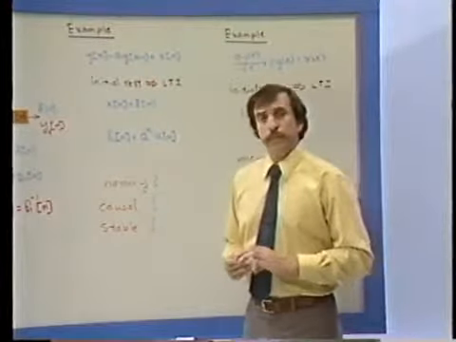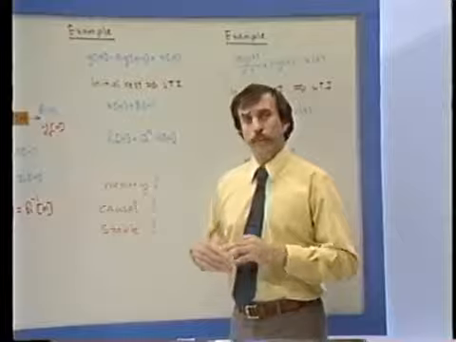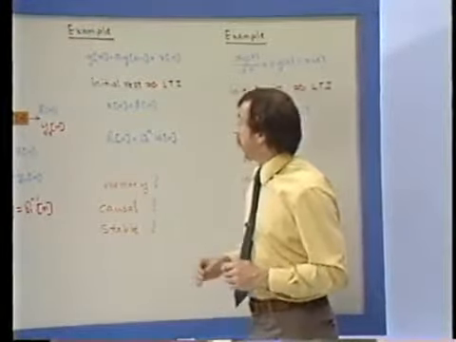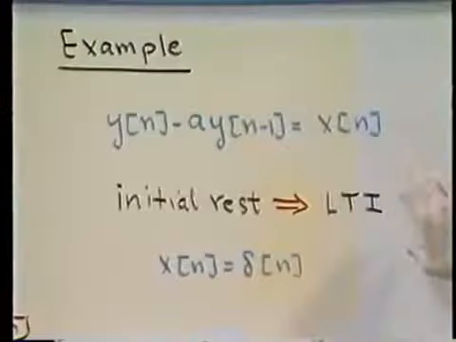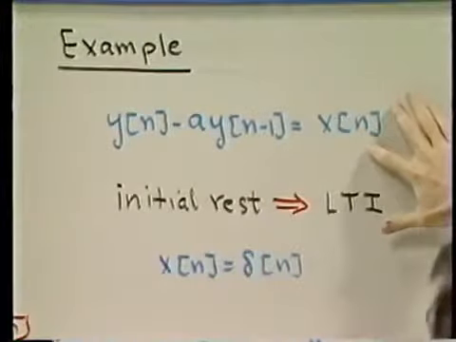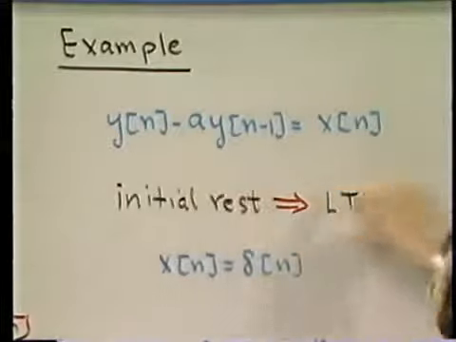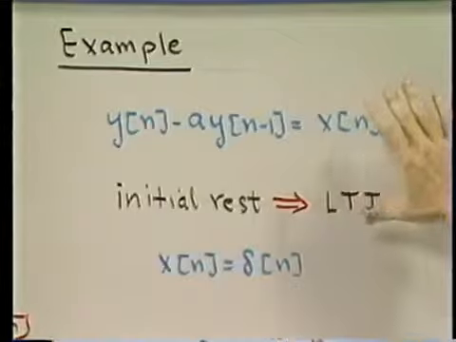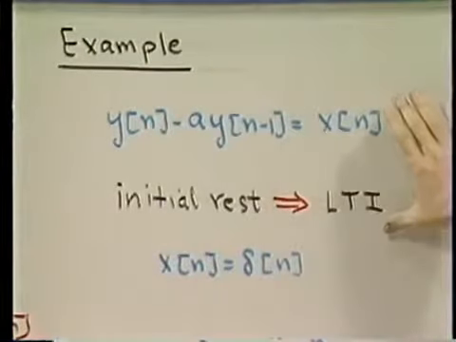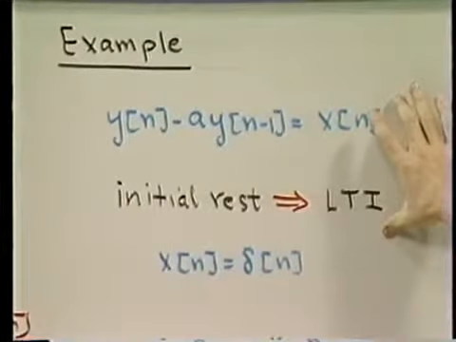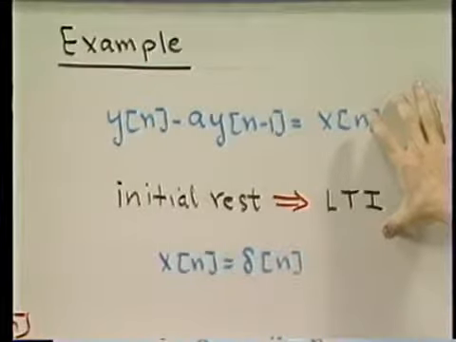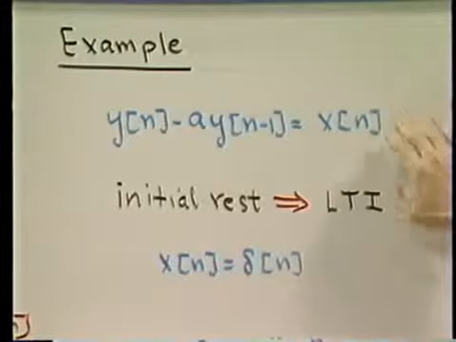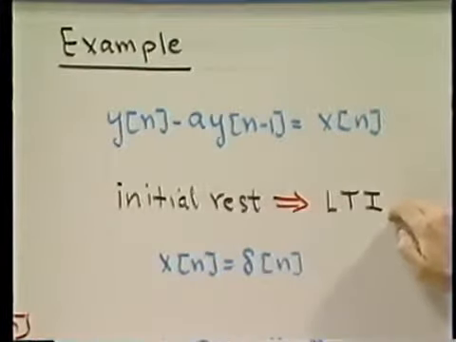Okay, now there are a number of other examples which, of course, we could discuss. And let me just quickly point to one example, which is a difference equation, as I've indicated here. And as we'll talk about in more detail in our next lecture, where we'll get involved in a fairly detailed discussion of linear constant coefficient difference and differential equations, this falls into that category.